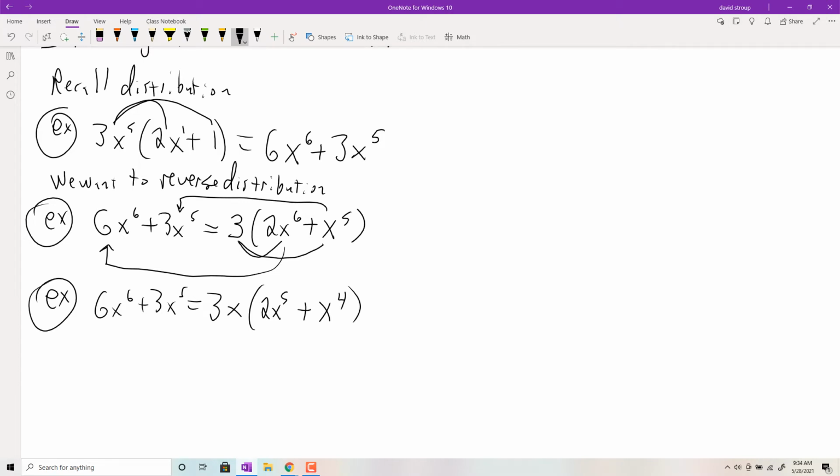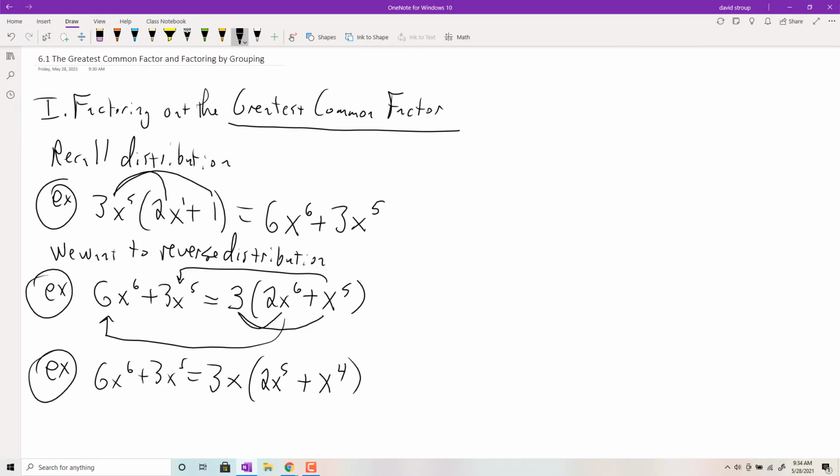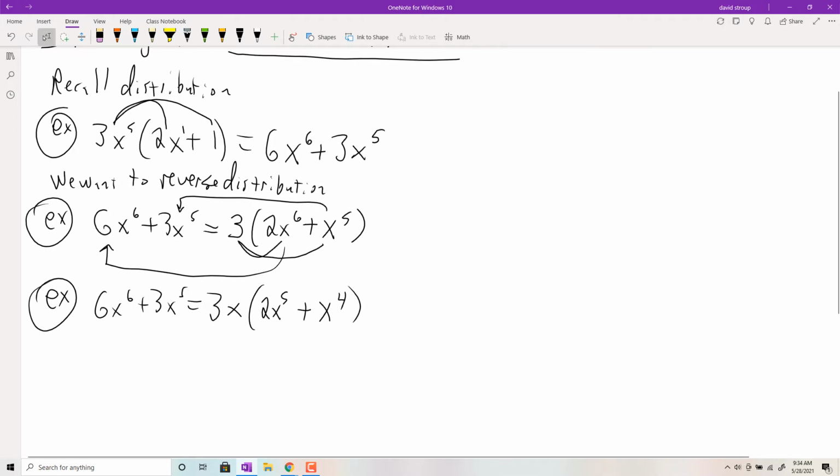Going forward, it's kind of set in stone, but going backwards, it's not quite well defined. Different people can get different answers. So in particular, we factor out what's called the greatest common factor, and that way we all do it the same way, and there's no guessing involved.